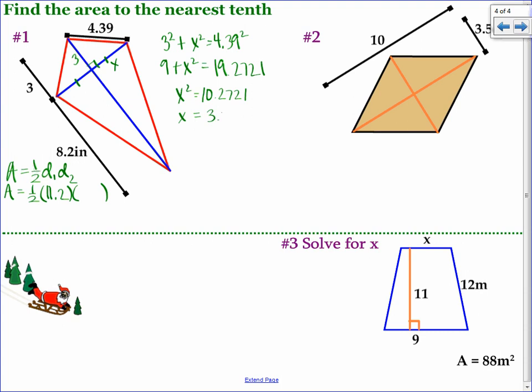So what does that mean this other diagonal is? Remember, this right here is 3.2, so this is also 3.2, so 6.4. Make sure you use the entire length of the diagonal. So throw this in the calculator, and we have point what? Inches squared.